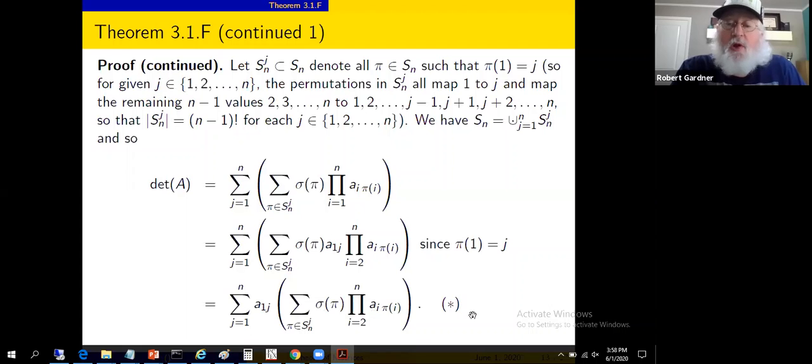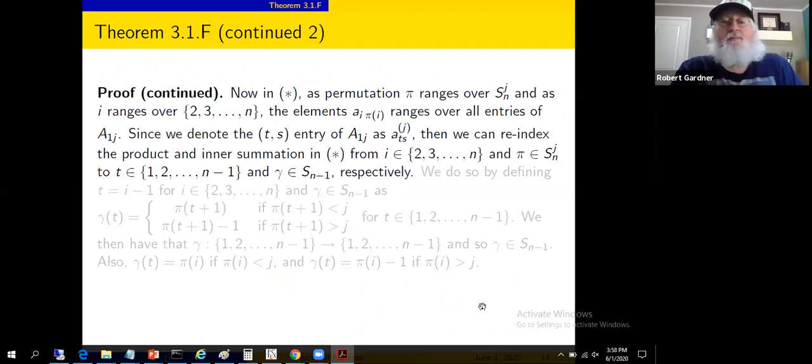Okay, we'll hark back to this equation here in a little while. As I said, permutation pi ranges over the S sub n super J's. And the elements, A sub I, pi of I, range over all the entries in A sub 1J.